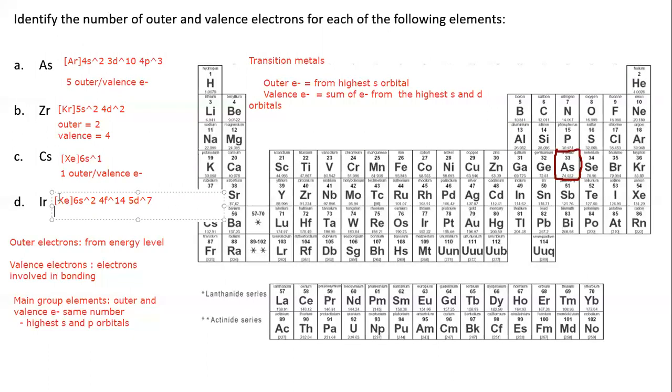So since iridium is a transition metal, the outer electrons is 2, and the valence electrons is 9. So again, it's the sum of the highest s and d orbitals. Any questions about this one?